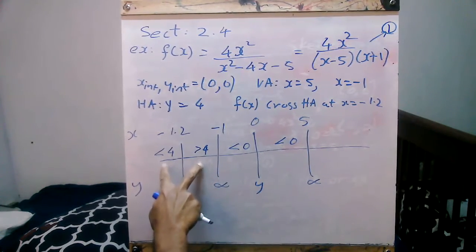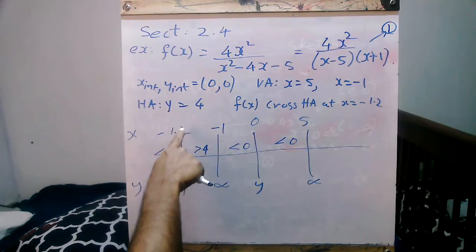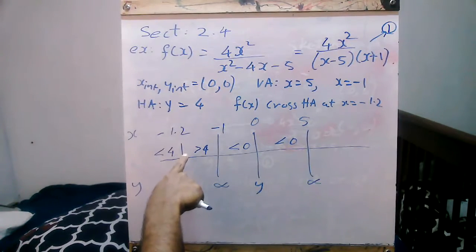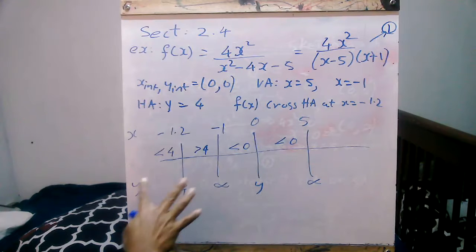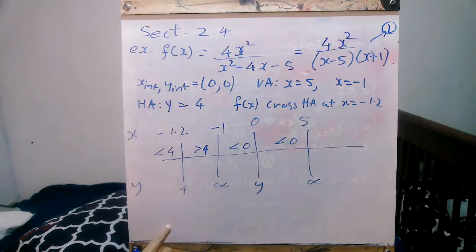Here, this is the horizontal asymptote, and we want to know which way it is going. You may substitute a number and find the value. Anyway, we just want to find whether it is above or below 4. Right. Now with this information, I'm going to do the graph.